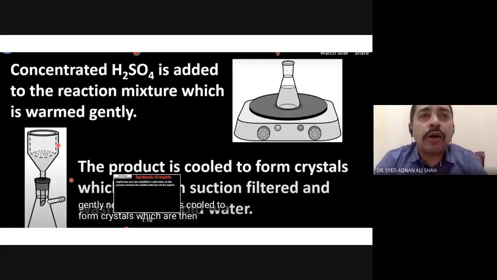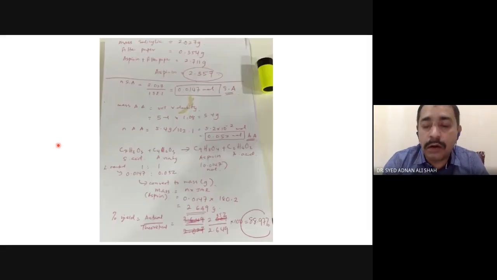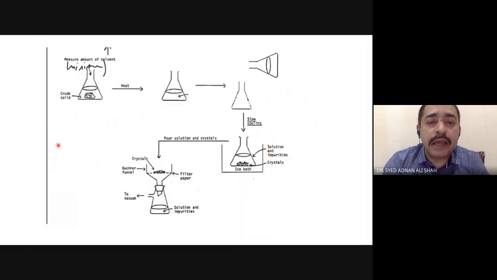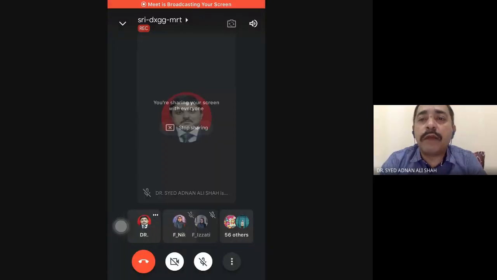But in order to purify the crystal, one more method is recrystallization. The recrystallization method is generally for the further purification of the crystal, right? So that is one of the methods for purity.